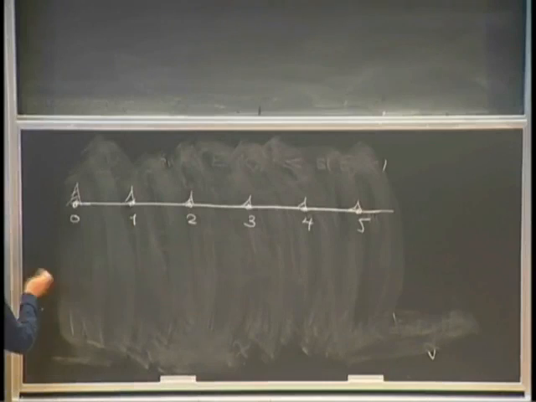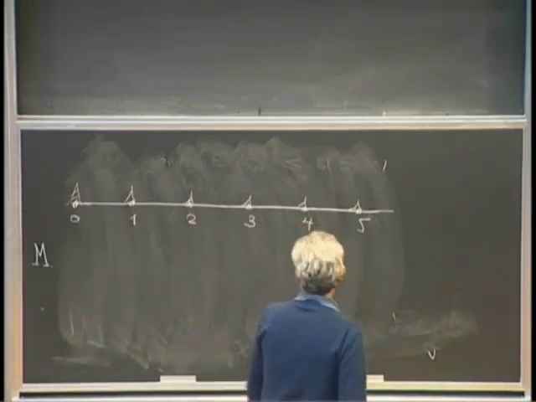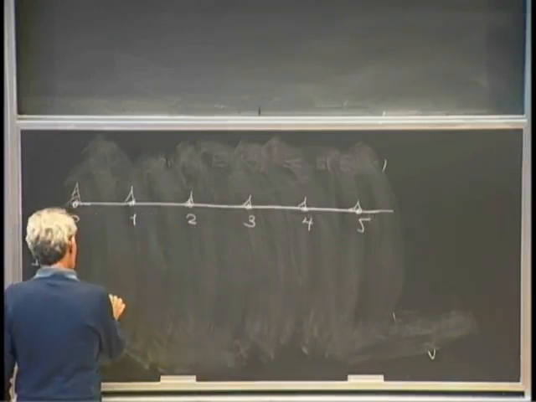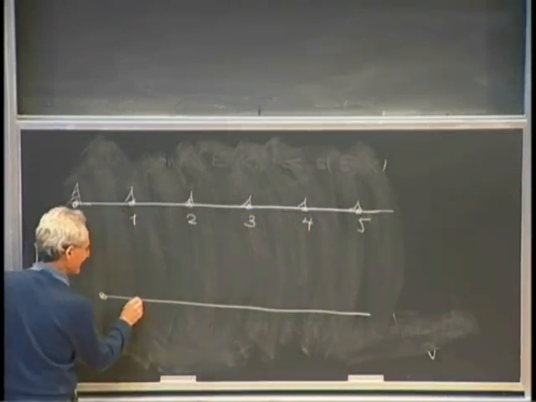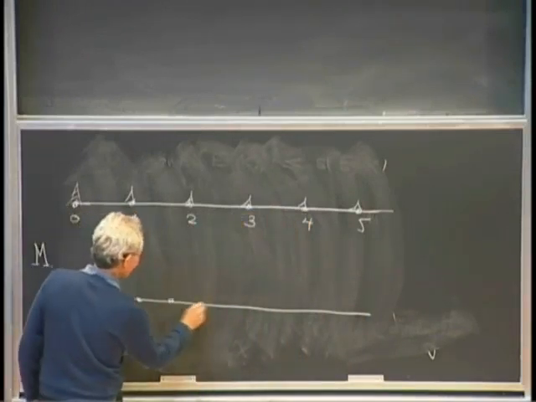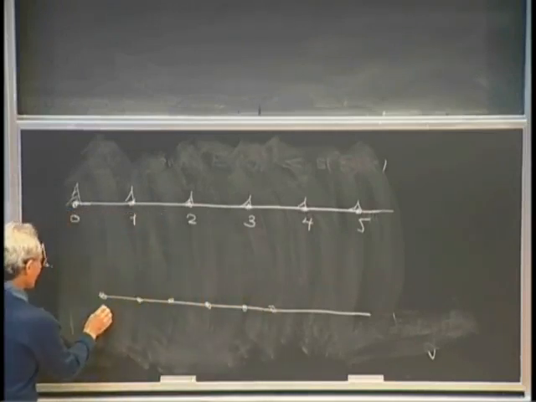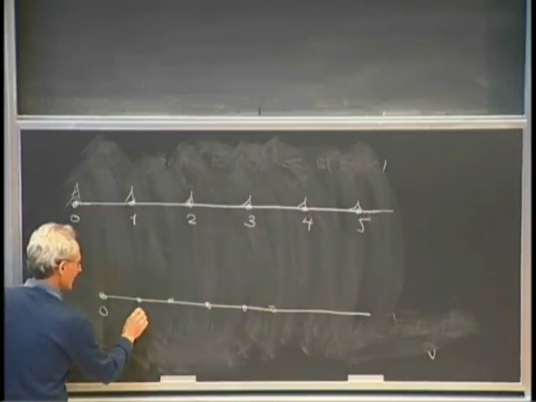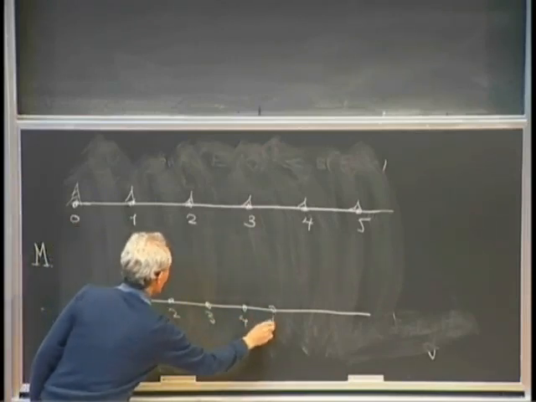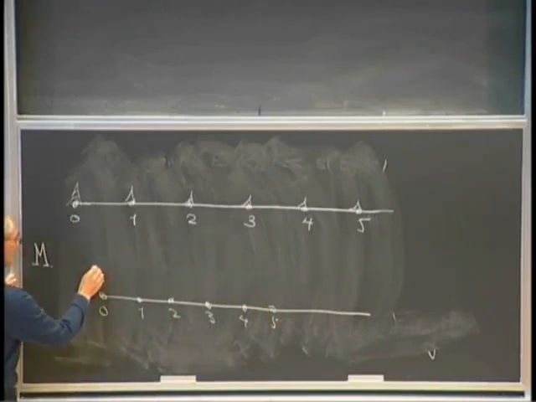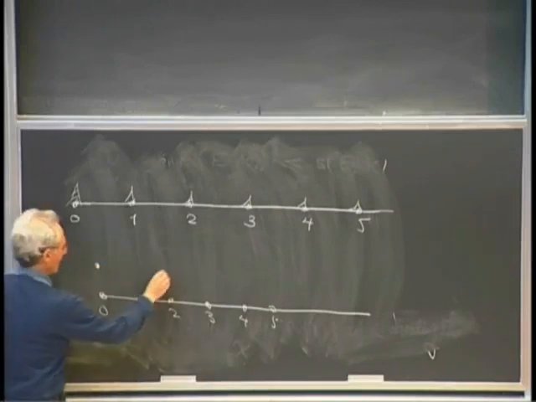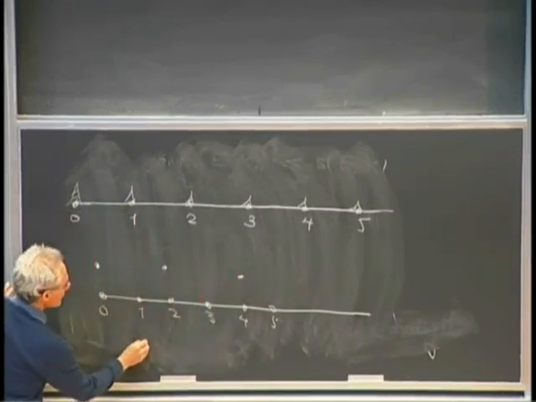And now I'm going to consider a certain process which I'll call M for Markov, which redistributes the sand. The first thing I do is I take all these heaps of sand off their stations. So they're off. 1, 0, 1, 2, 3, 4, 5. But I'll put the even ones to the left and the odd ones to the right of the line.